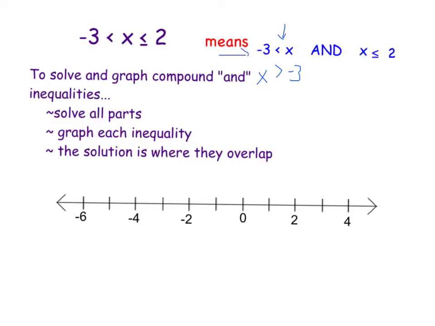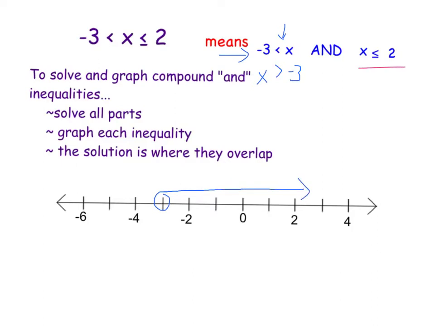Some people have absolutely no problem leaving it that way. What we know is that we have to put an open circle at negative 3 because x is not equal to it, it's just greater than, and negative 3 has to be less than all of the x's, so it goes this way.